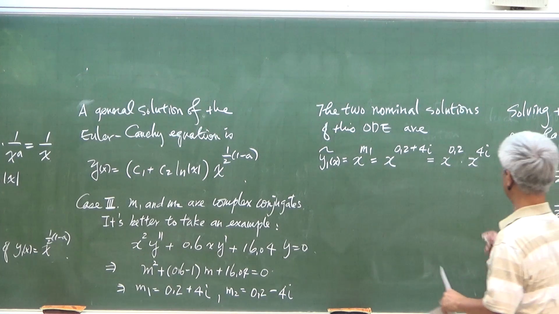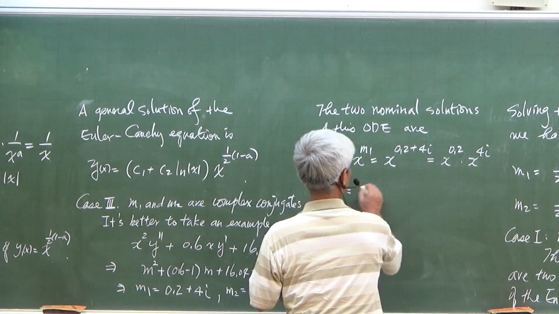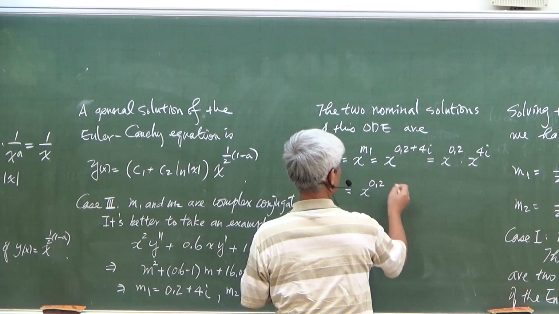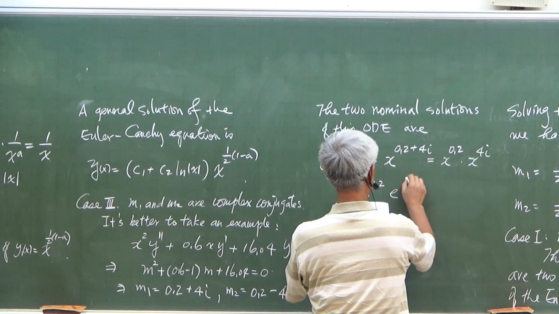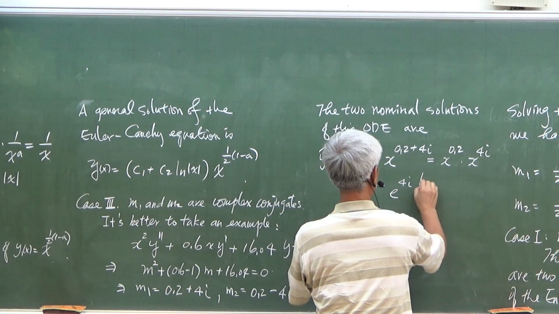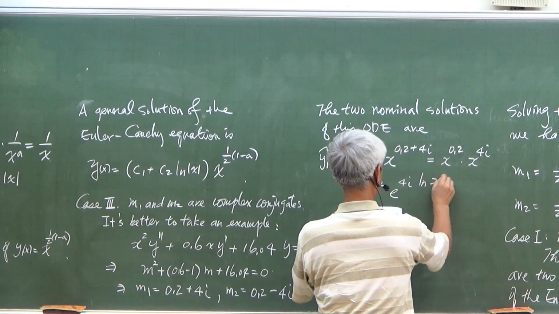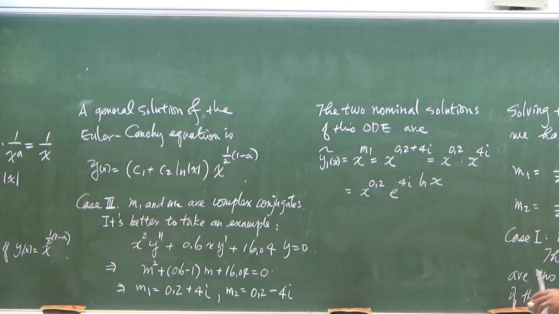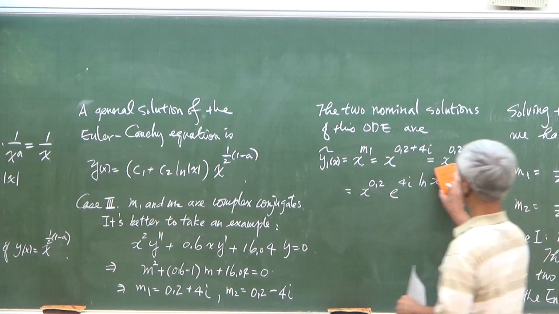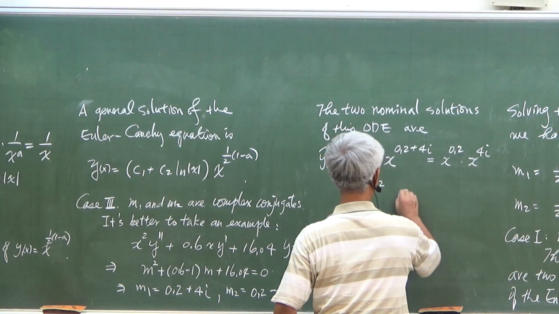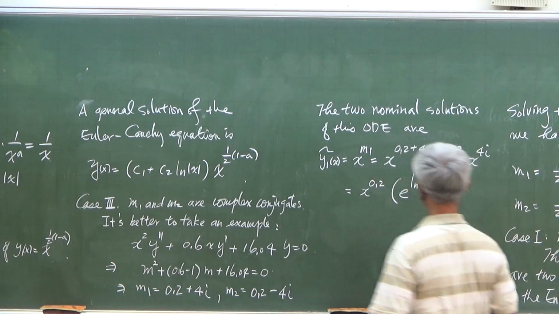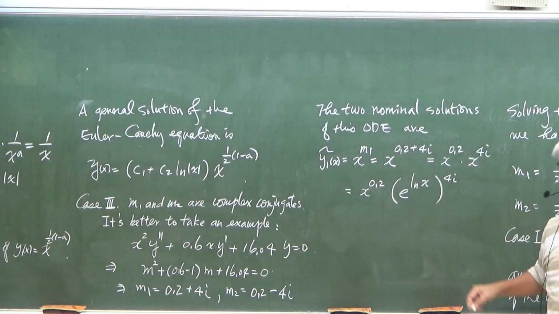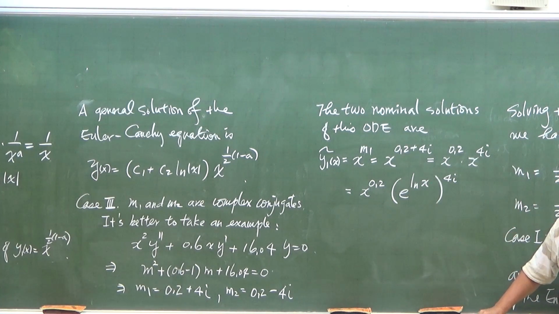So now we can use the exponential functions. This is x to the 4i, which is e to the 4i times the logarithm of x. You can see x actually is equal to the exponential of the logarithm of x.